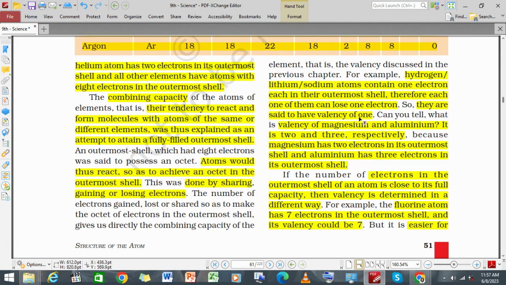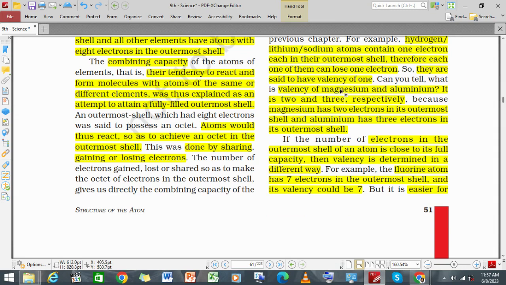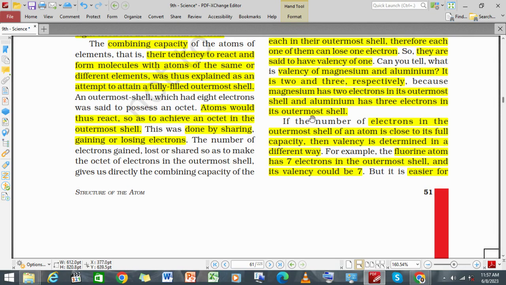So they are said to have a valency of 1, as hydrogen, lithium, and sodium all have one electron in their outermost shell. Now, magnesium and aluminium have 2 and 3 electrons respectively, so they will have valencies of 2 and 3 respectively.